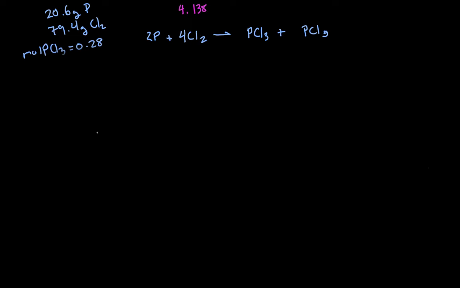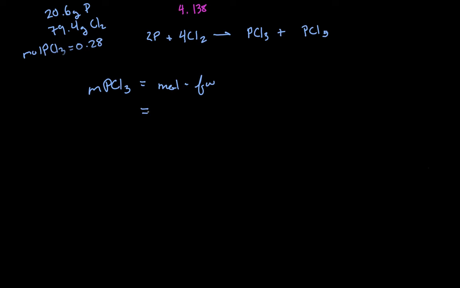So we wanted the mass of the PCl3 that was formed, and we have the moles of it here, so we can calculate it by multiplying by the formula weight. Mass of PCl3 equals the moles times the formula weight.